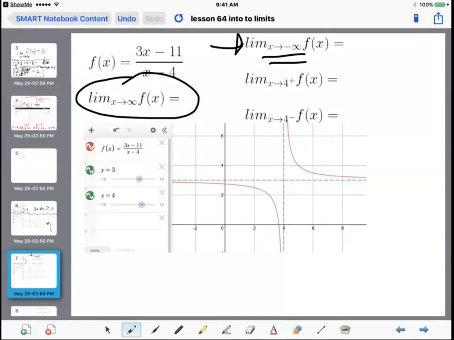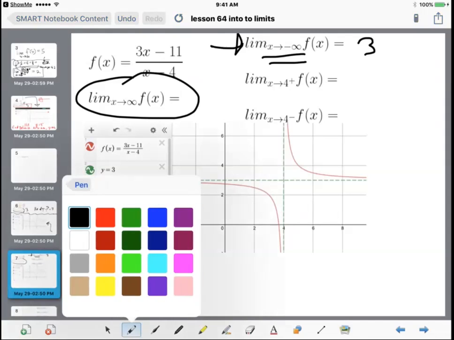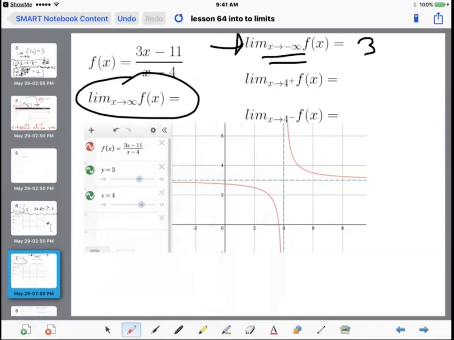Okay, I saw a couple of different answers, but 3 is the correct answer. Now, the graph reveals this because, yes, it's below the asymptote, but it's still getting closer and closer to 3. It's like 2.99 something, and this one here is 3.00 something. But they both have the same answer. Now, these two answers are often not the same, but in this case, they are.